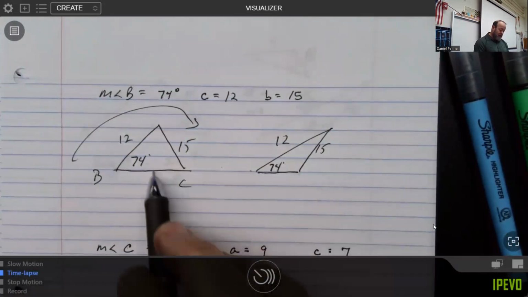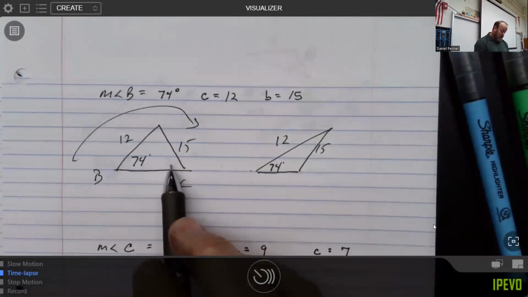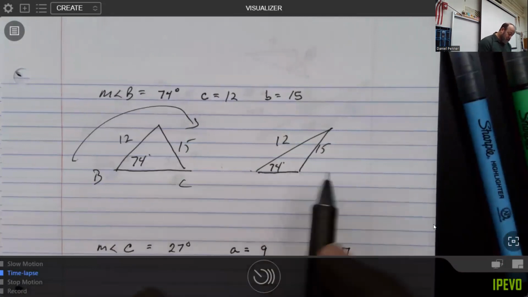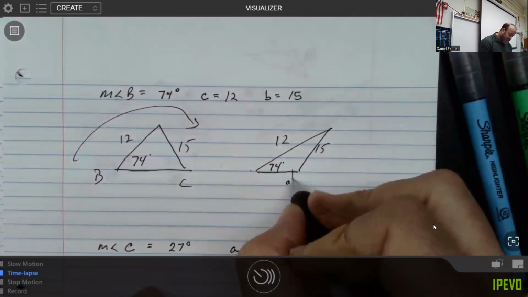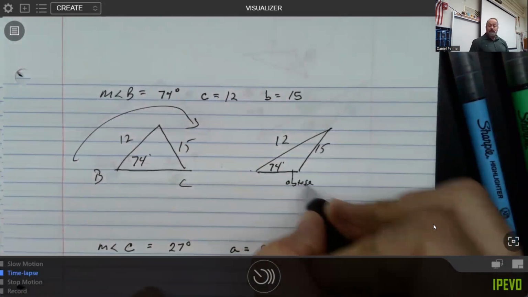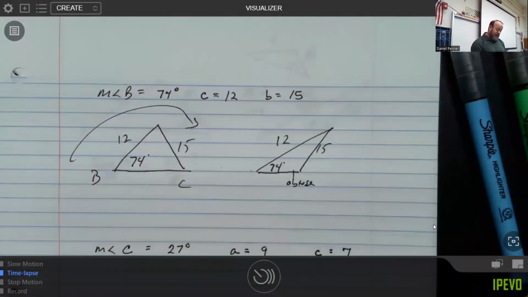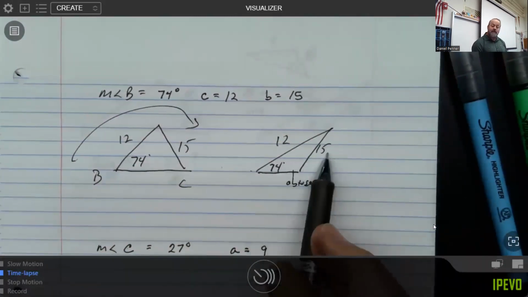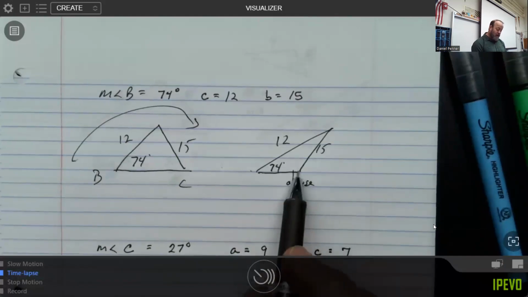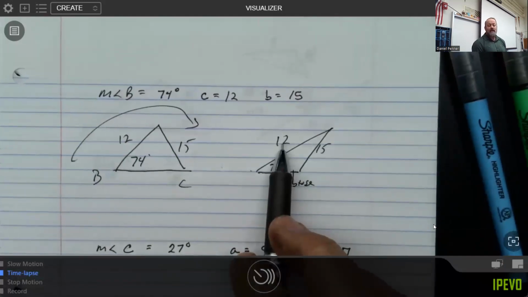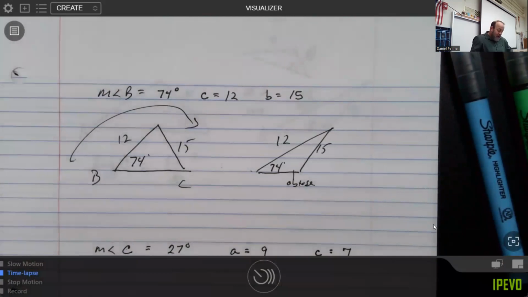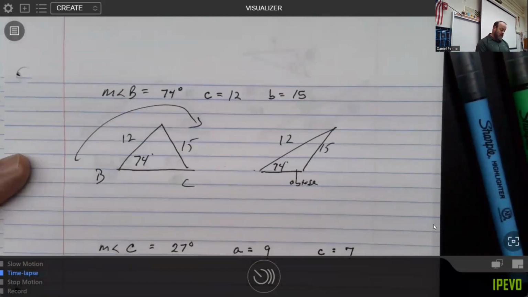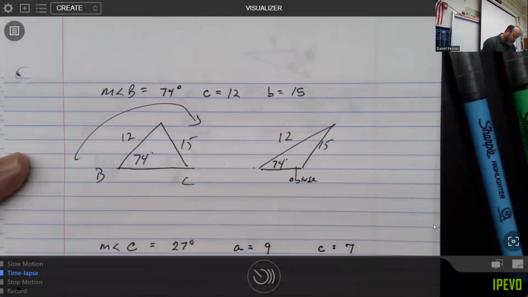So whatever this angle is, if this one is acute, this one has to be obtuse. Well, that's a problem, because if this angle is 74 and it's opposite 15, this angle is larger, then this side has to be larger than 15, which it clearly is not. This is impossible. It's not possible. But there's a lot of ways that you can see that this triangle is going to work and this one fails. So that's just one of them.